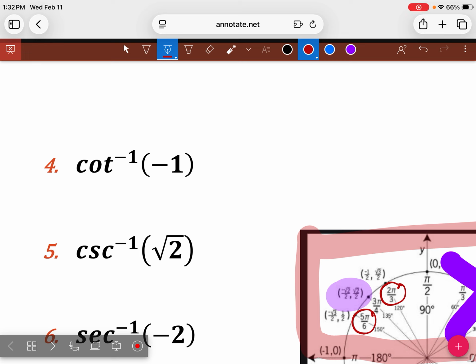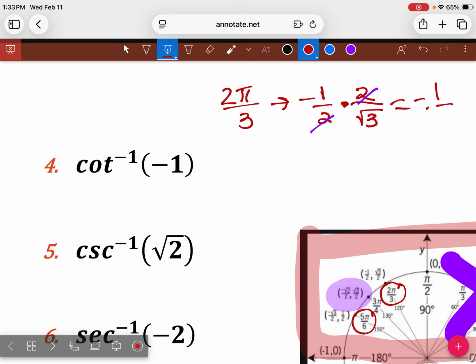So I'm going to take 2 pi over 3 and divide x by y. I'm not going to waste my time writing it as division. I'm going to go straight to copy, change, flip. This goes away, and I have -1 over √3.